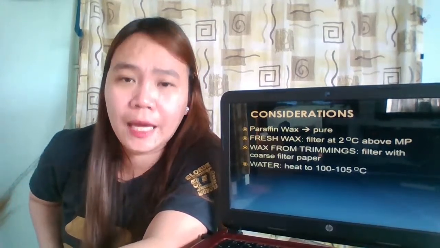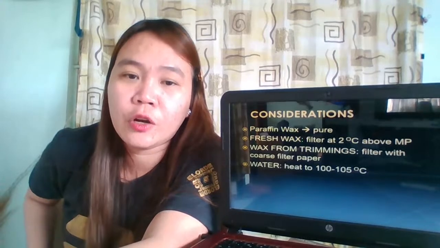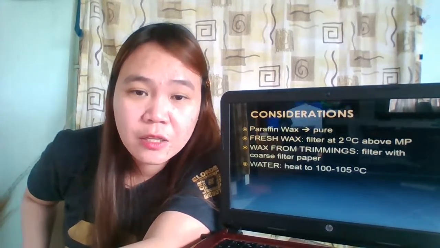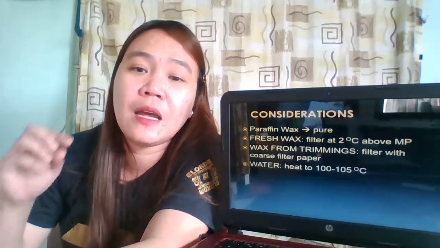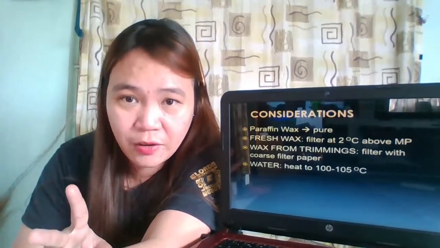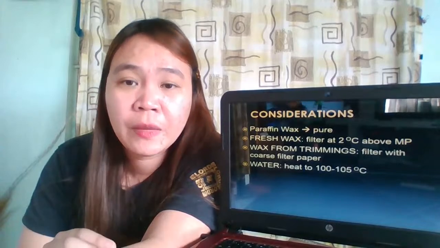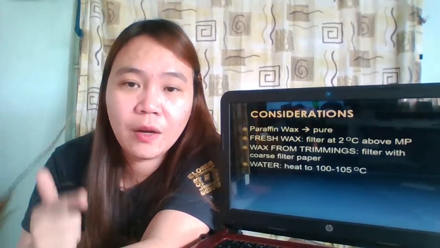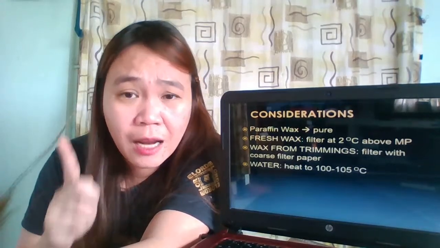So how many times can you use your paraffin wax? You can use your paraffin wax twice. How many times can you reuse your paraffin wax? Once.